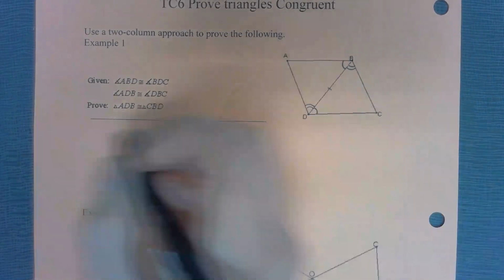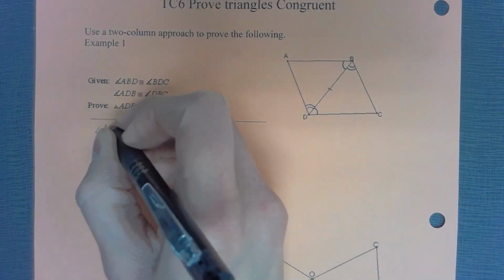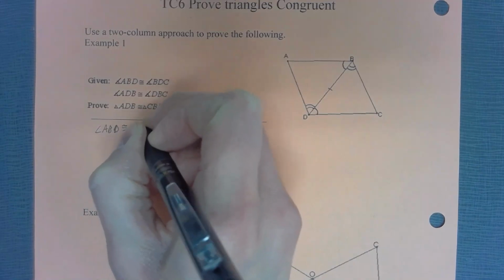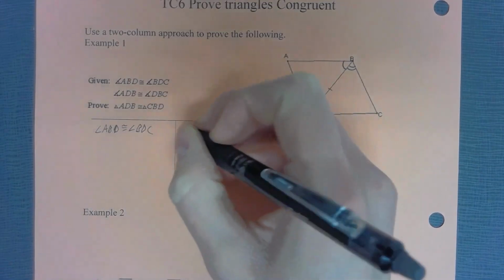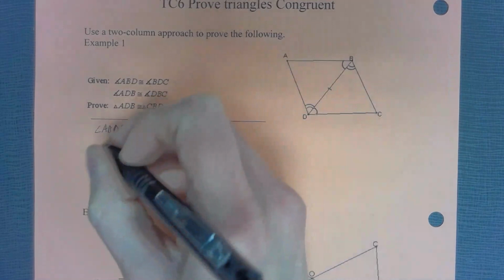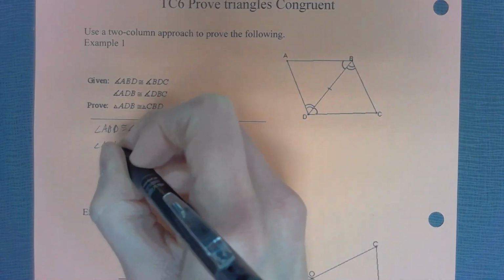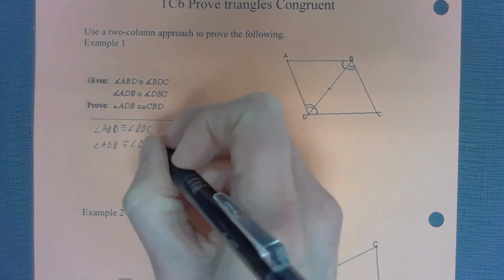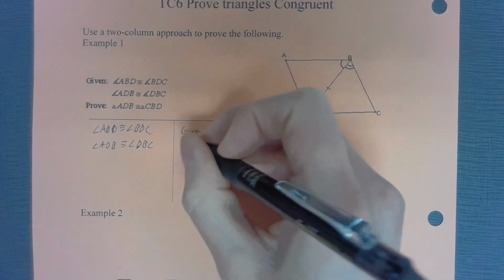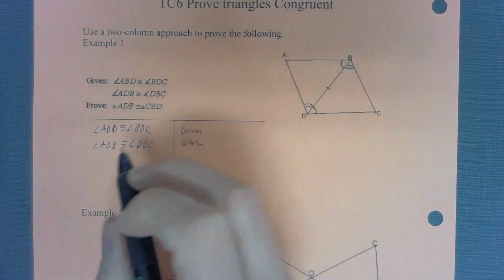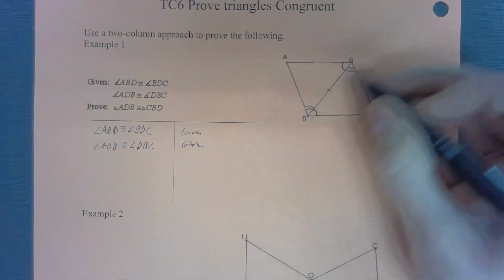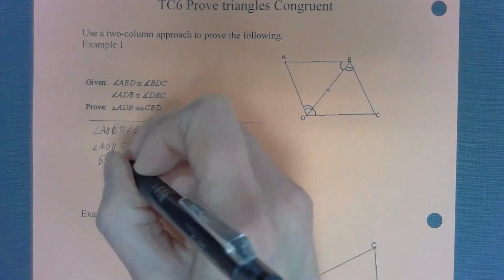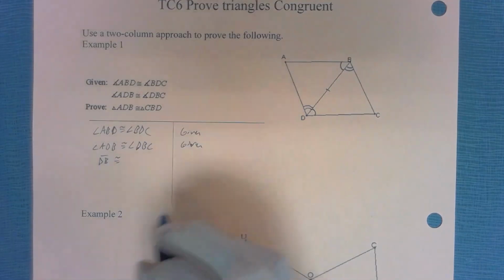So let's show you what I mean. Angle ABD is congruent to angle BDC. That's given. Angle ADB is congruent to angle DBC, also given. And then the next thing we talked about was this side being congruent to itself, DB being congruent to itself.